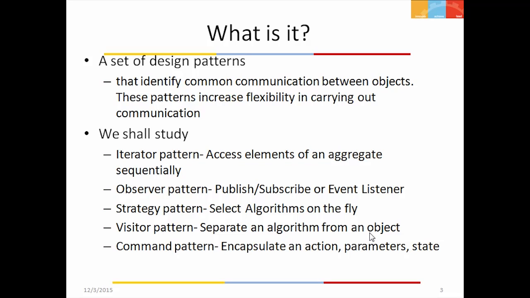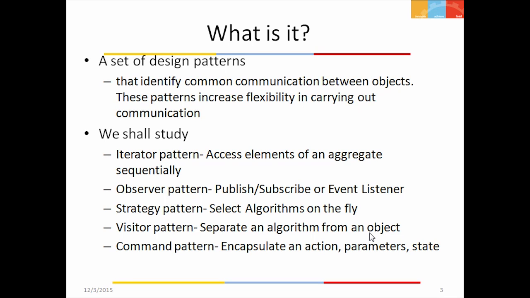The iterator pattern essentially accesses elements of an aggregate in a sequential manner, one after another. Observer pattern essentially implements publish and subscribe or event listener. Strategy pattern implements different types of algorithms for a given service, and one can select the algorithm on the fly.